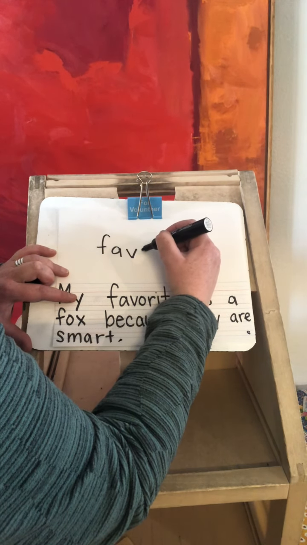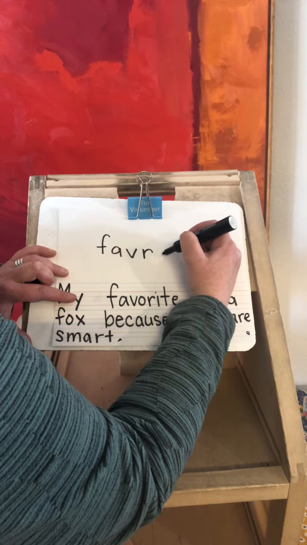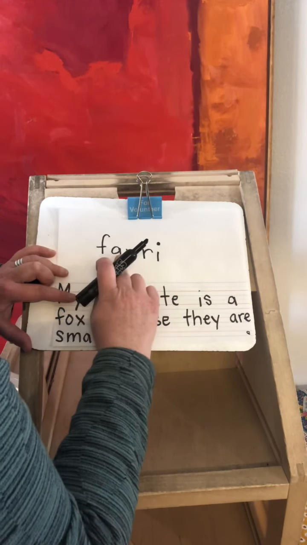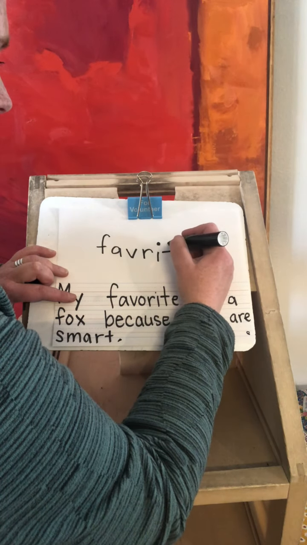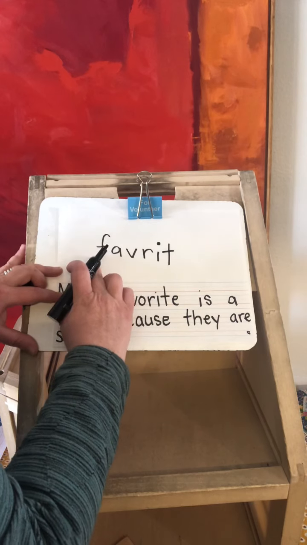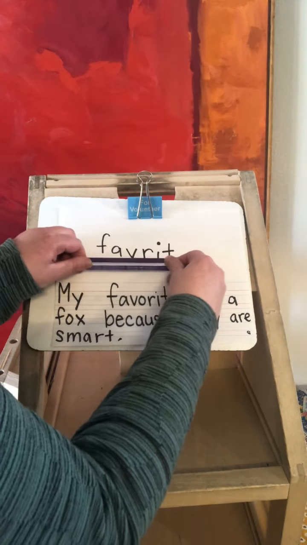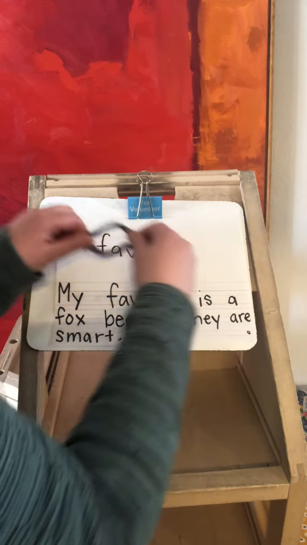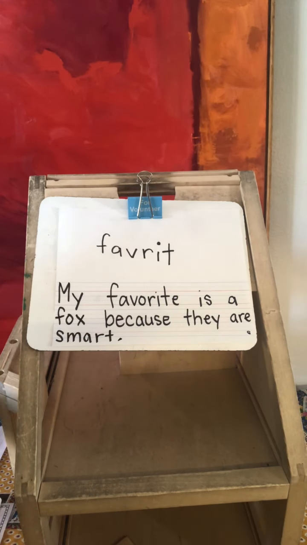I'm going to say that's an R sound, or a favor it. Favor it. Okay, notice I stretched that out. Check it out. Favorite. Then I'm going to bring it back together. Favorite.